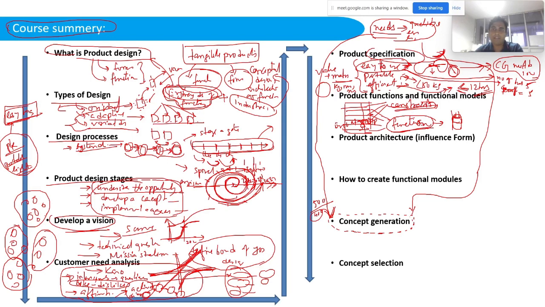Similarly, there can be another constraint like it should not get off balance if you load 200 kg. That's a constraint. When I say functionality, it should be able to load 200 kg is a functionality.